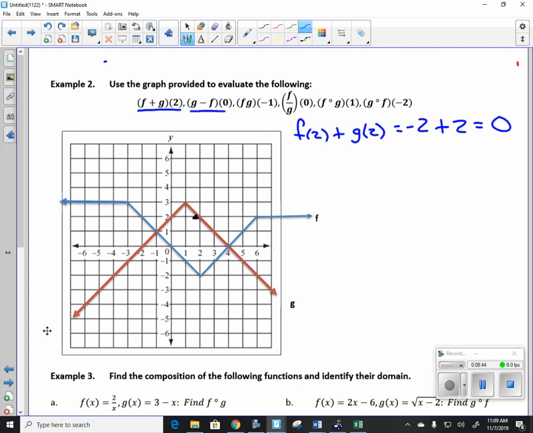My next one, g minus f of 0. That would be g of 0 minus f of 0. G of 0 would be 2, and f of 0 would be 0.